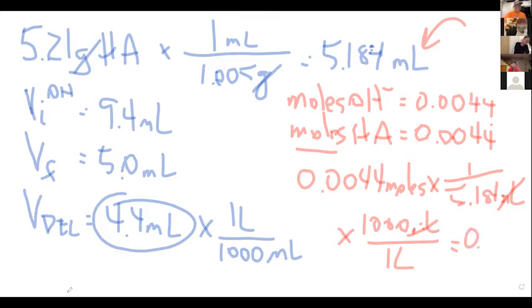Zero point 849 moles per liter for molarity. My molarity is 0.849 molar.